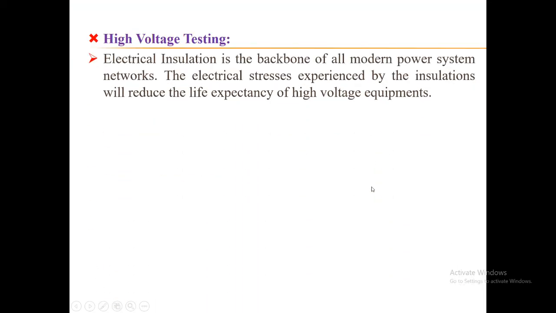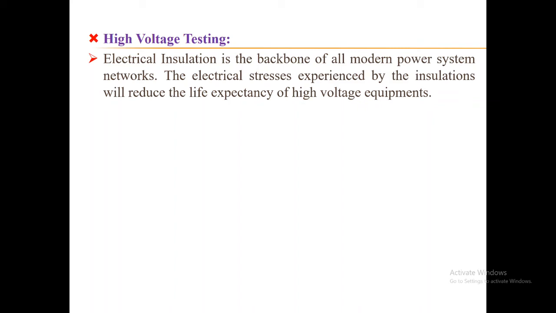So, high voltage testing. Electrical insulation, as you all know, is normally considered the heart of electrical engineering or the electrical power system network, or it can also be considered the backbone of all modern power system networks.